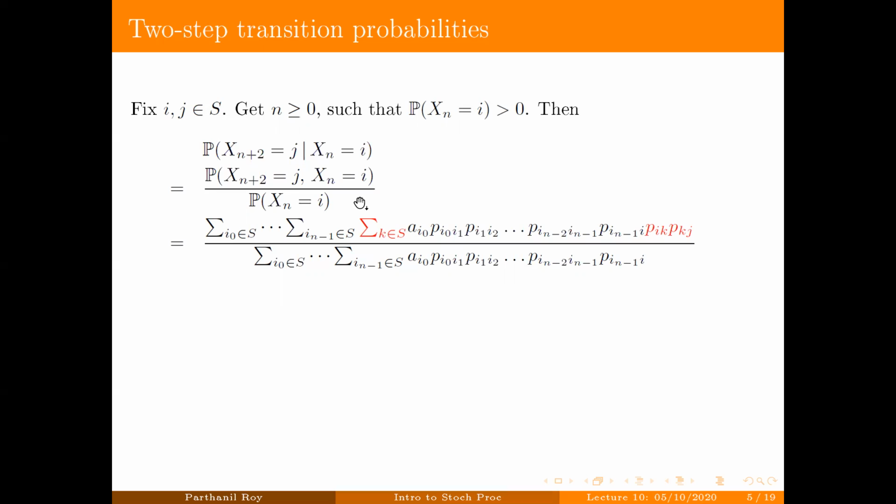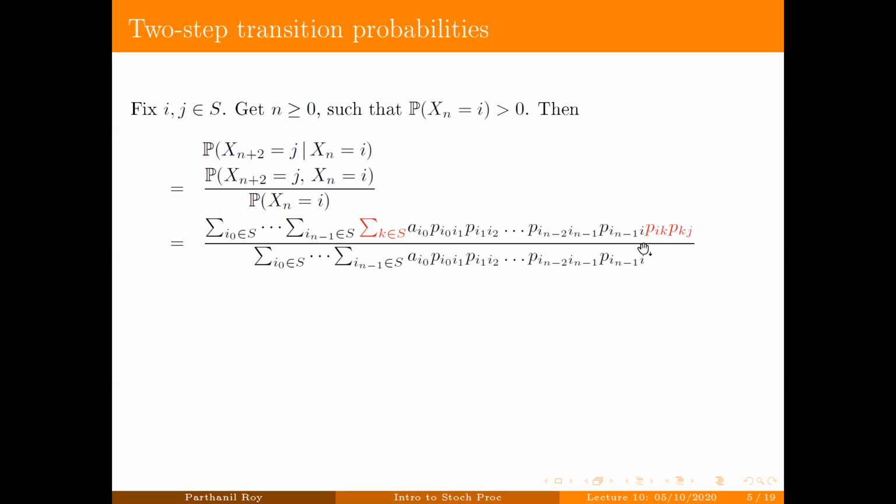I'm stressing that this sum is not there in the denominator, and similarly, these two quantities are not there in the denominator, except that everything else is the same. So I'm stressing it by a different color.